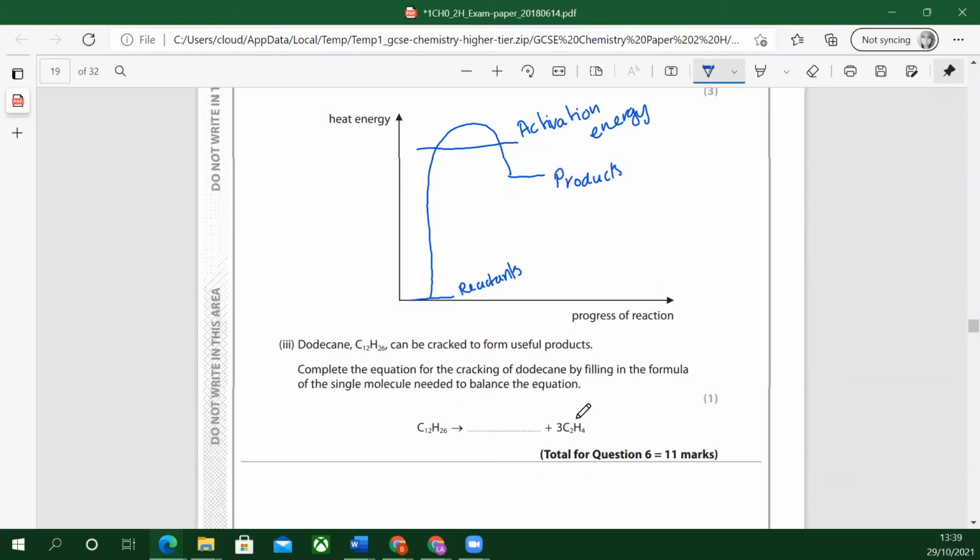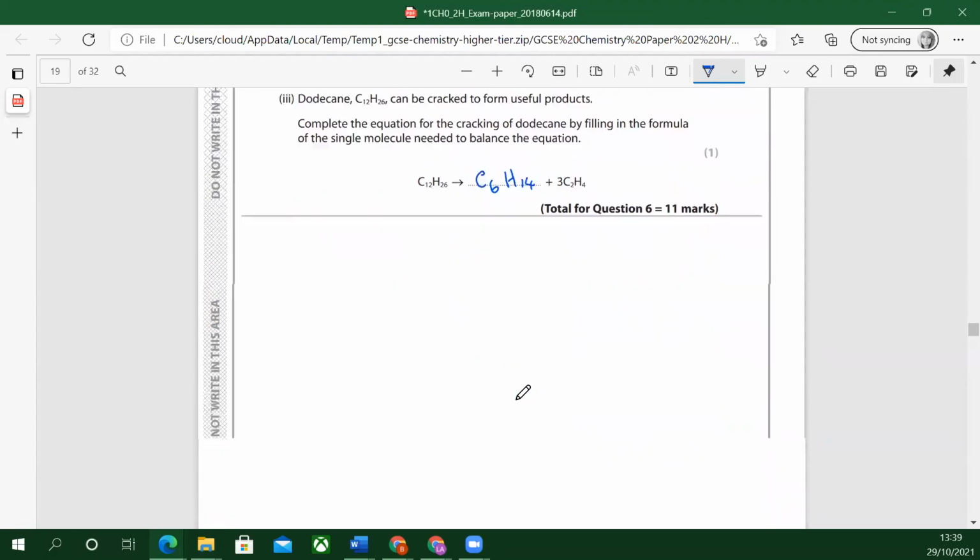So we've got six carbons there and 12 over there, so whatever it is, it's going to be C6. And then we've only got hydrogen and carbon. So be careful of that: 3 times 4 is 12, and it's 26 there, so it's going to be H14. The left-hand side has got to equal the right-hand side. That's all you need for that.